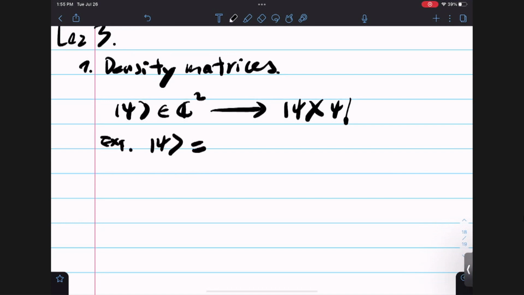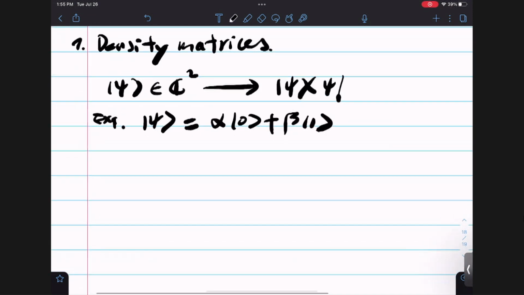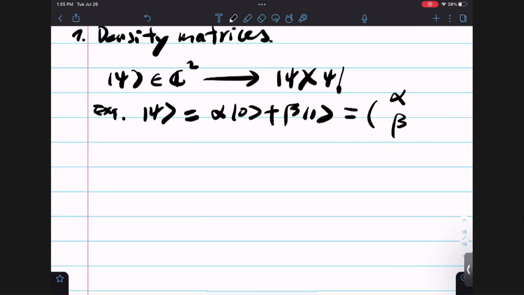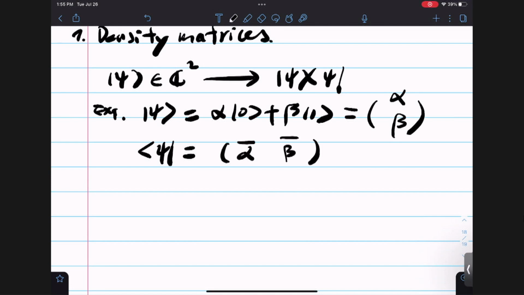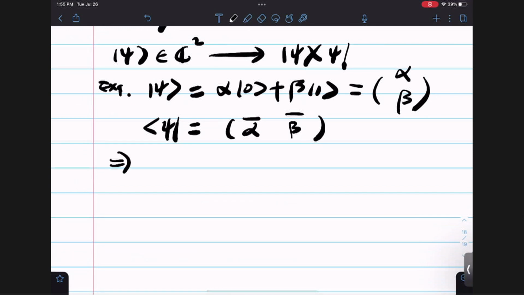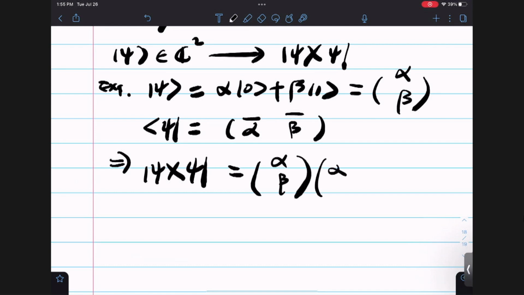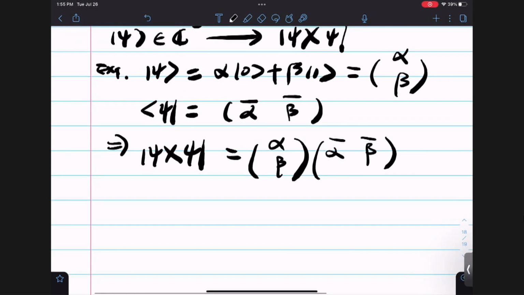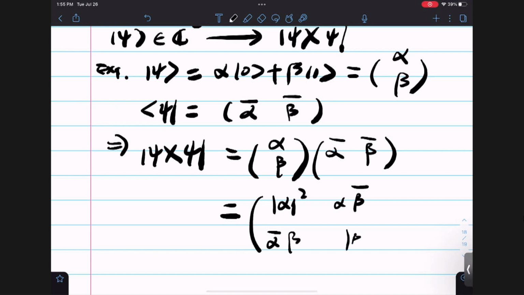Let's quickly look at how this works out. Take an arbitrary single qubit state and write it as a column vector. And then let's do the row vector. The bra side is going to be alpha beta, but don't forget the complex conjugate. Then this outer product will become, as you would expect, alpha squared here, and then alpha bar beta, and beta squared.